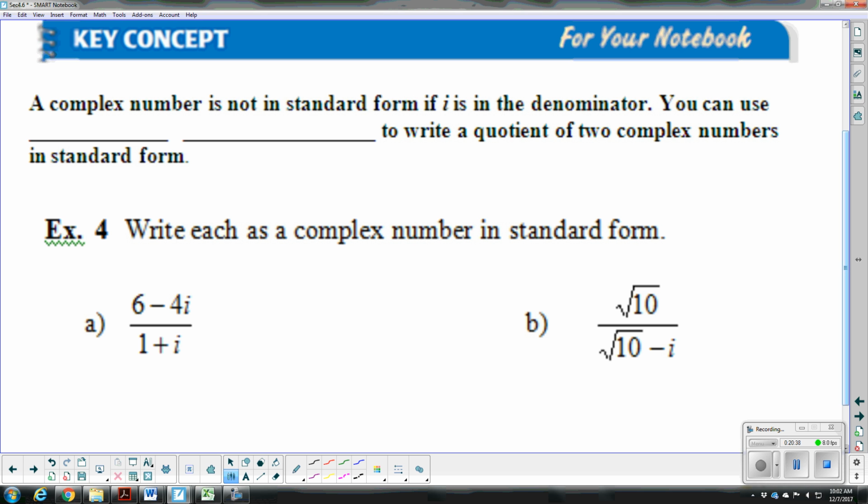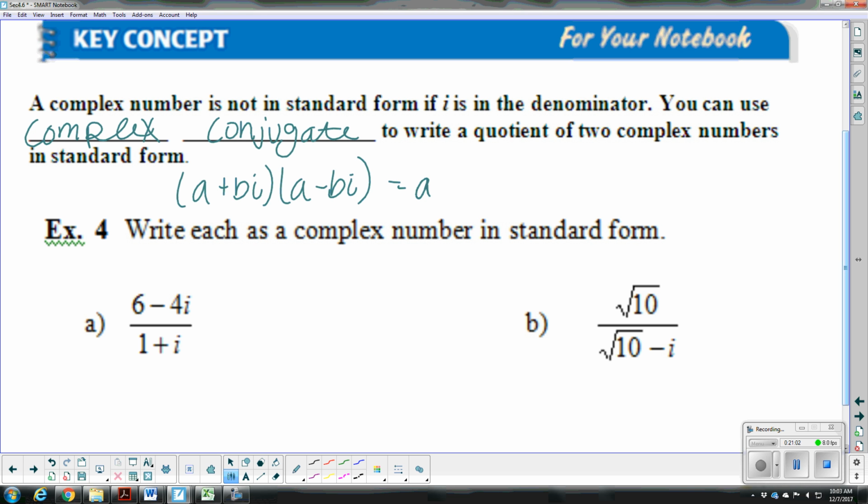So you can use the complex conjugate to write a quotient of two complex numbers. Again, the complex conjugate is a plus bi times a minus bi, and that'll give you a squared minus bi squared.